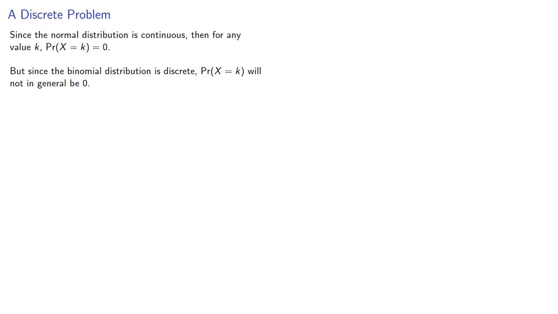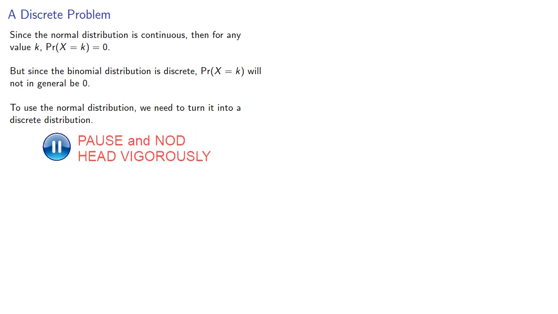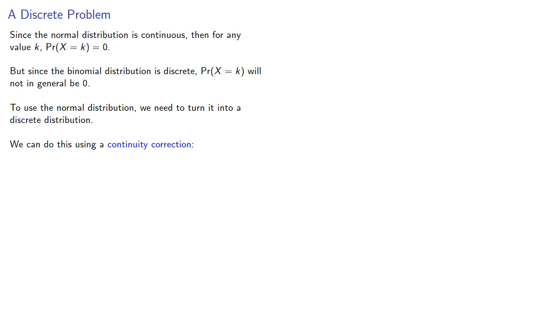And that would make for a really bad approximation. To use the normal distribution, we need to turn it into a discrete distribution. We can do this by using a continuity correction, a continuous interval whose values round to the desired outcome.